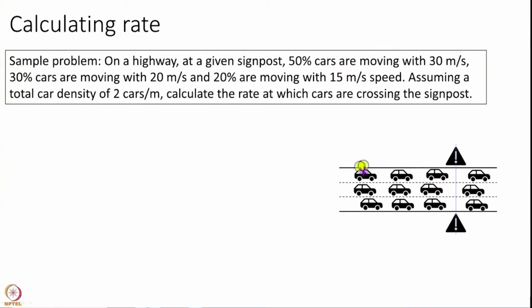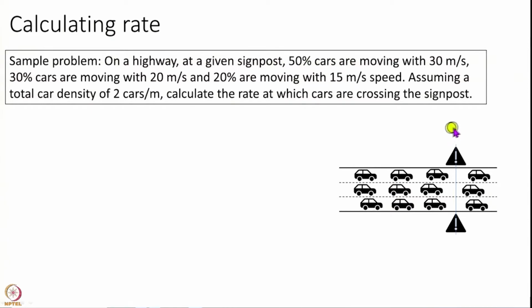Now you have a distribution of speeds, so you are really thinking of some highway, many cars are moving, you have different lanes. And just for simplicity, let us assume you have cars moving at 30 meters per second, 20 meters per second and 15 meters per second, only 3 speeds, just as an example. And let us say 50% of the cars are moving with 30, 30% are moving with 20 and 20% are moving with 15 meters per second.